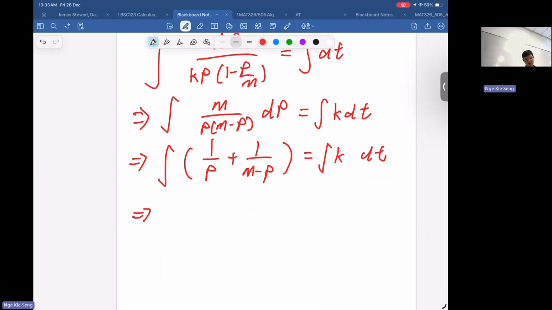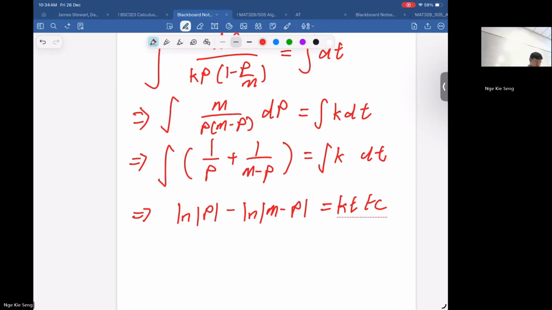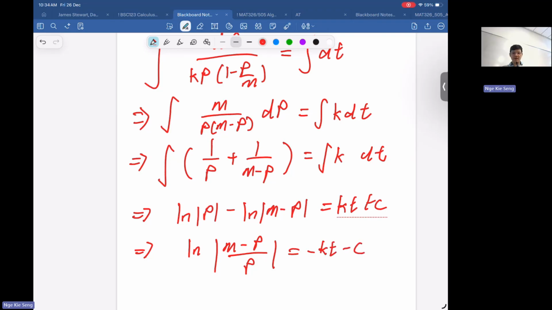This is easier. Well, this is just ln P minus ln (M minus P) equals KT plus C, like that. Okay, again, we need to deal with this ln stuff. So this is ln of (M minus P) over P equals minus KT minus C. Is that right? Because I swap the negative, because usually this term should be at the bottom, right?